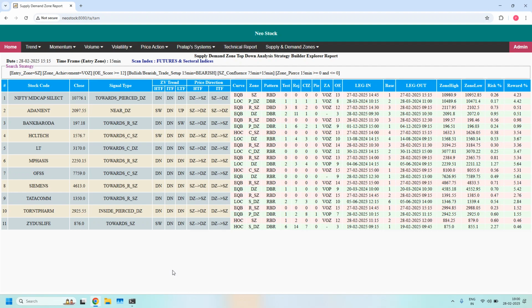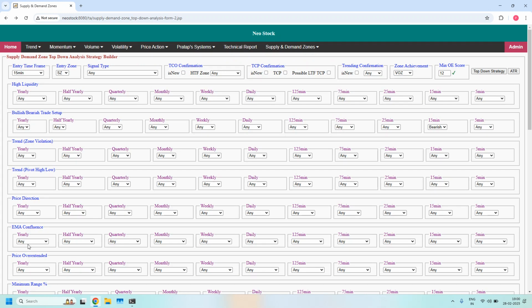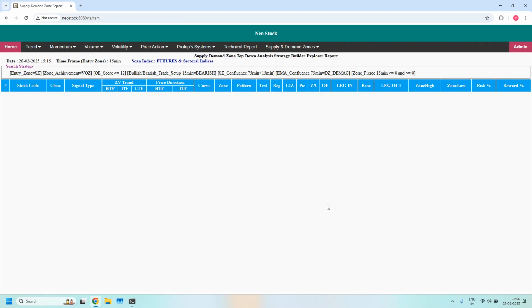If any of these 75 minutes supply zones have daily EMA confluence, then these 15 minutes could be even more high probability trade setup supported zones. Let's verify. In the EMA confluence, at 75 minutes time frame, I am checking 75 minutes demand zone having daily EMA confluence. So none of them are having.